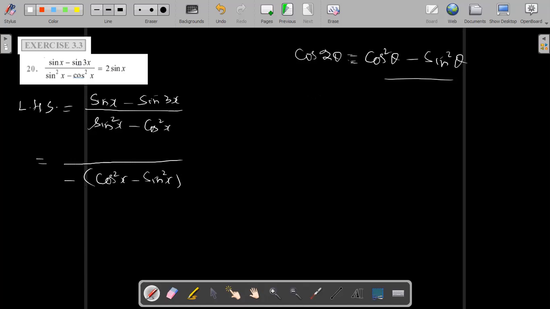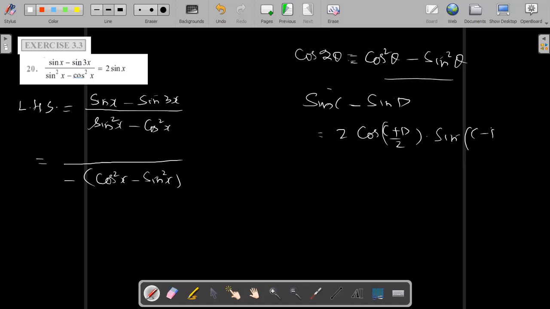And numerator is sin c minus sin d. We can use the formula: negative means cos, sin; cos first part, second part cos sin. So 2 cos (c plus d) by 2 sin (c minus d) by 2 will come.